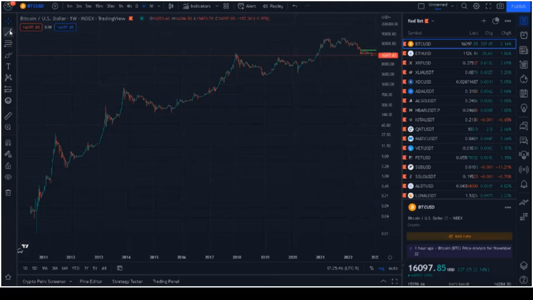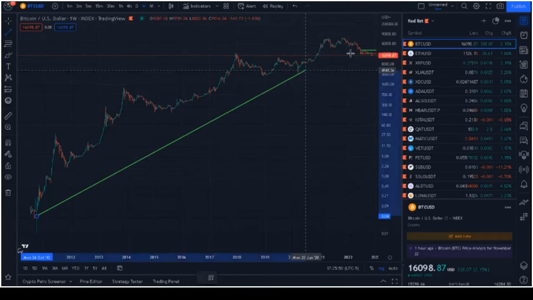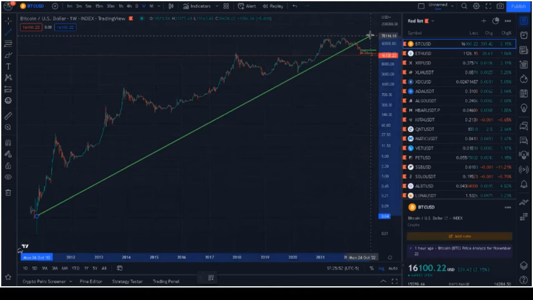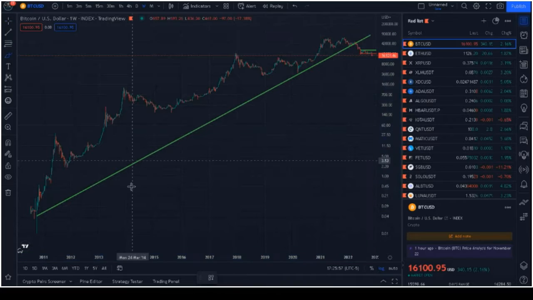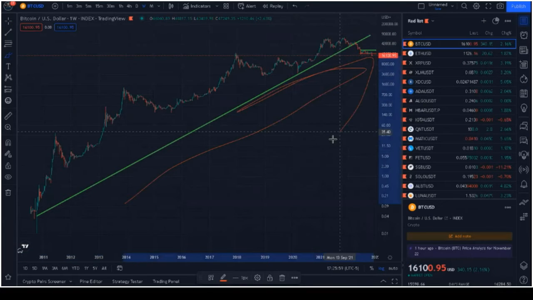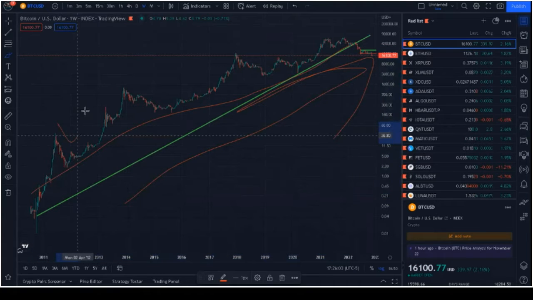So now that you're able to draw a trend line, here's what crypto's doing. This is what you want to see, this constant straight up over time. It doesn't matter about these peaks and valleys.